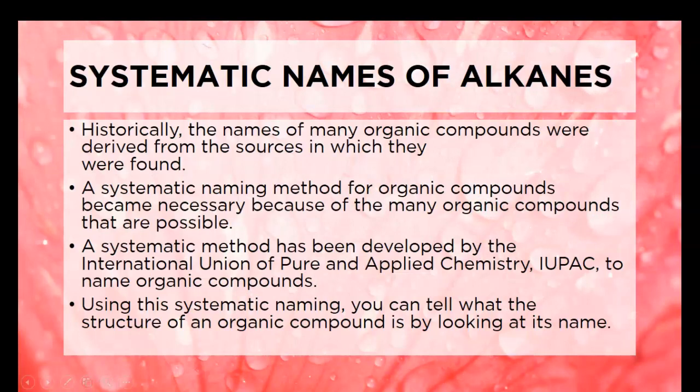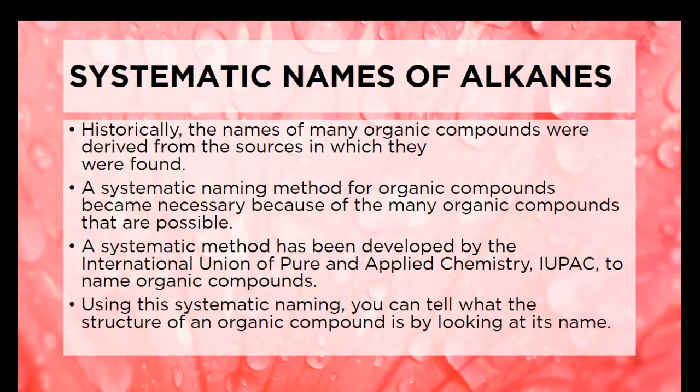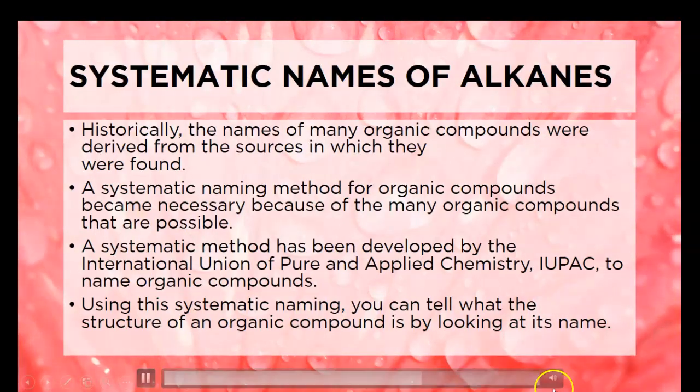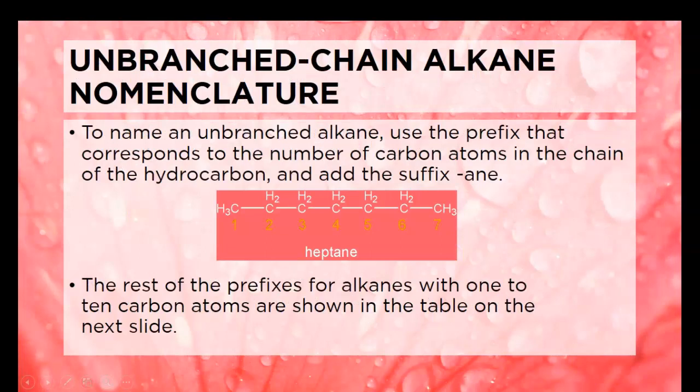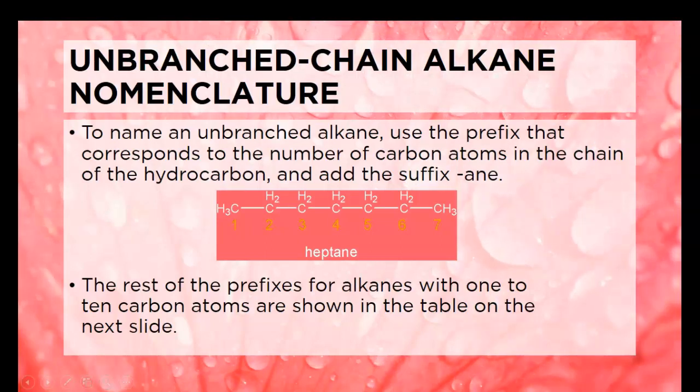So systematically, how we're going to name them is according to IUPAC, the International Union of Pure and Applied Chemistry. It's going to allow us to avoid some of the ambiguity that could come with naming these structures. So the first one we'll look at here as an example is heptane. Heptane has 7 carbons.